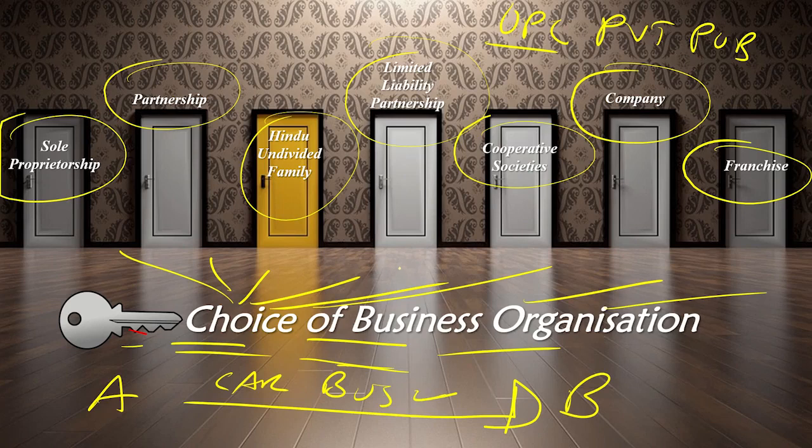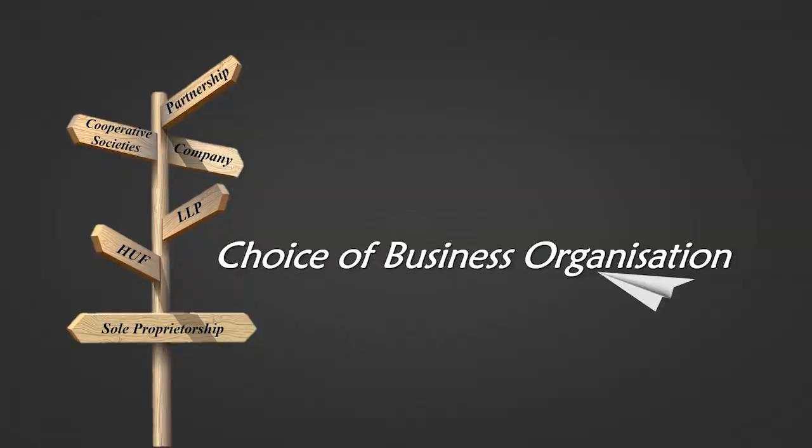In the same way, for choice of business organization, depending on what your business is, you can decide which form of business you should choose to carry on your activities. When you are a student, when you have completed, let us say, 10th standard, at that time you have so many options.